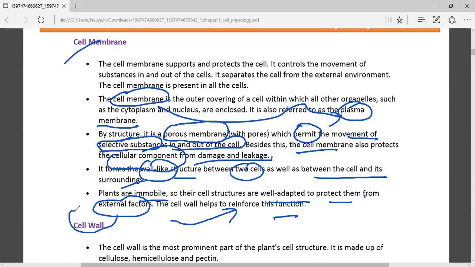Now let us look at the cell wall. The cell wall is a major part of the plant cell structure. It is made up of cellulose, hemicellulose, and pectin.